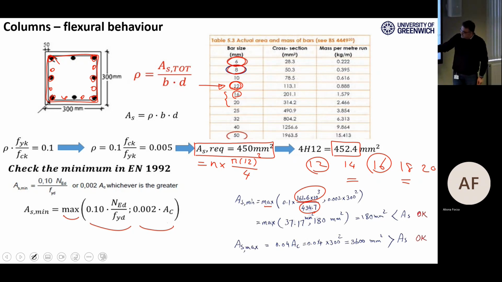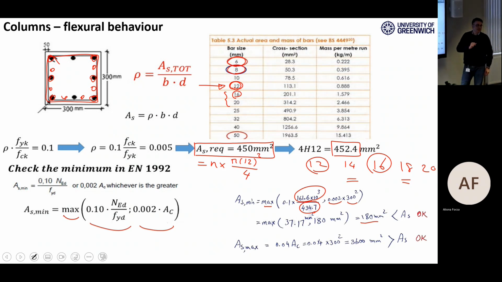And this number multiplied by the area, okay? If you calculate these two numbers, you will come up with 180 square millimeters, which means you have already 452 something, okay? So you are above the threshold, that's fine.